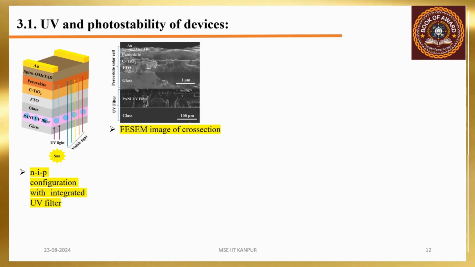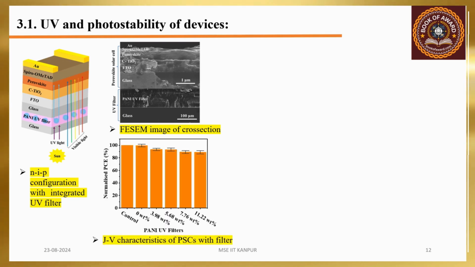This is the normalized photoconversion efficiency obtained after JV measurement of NIP triple cation perovskite solar cells without filter and with different types of Pani UV filter, to identify which Pani UV filters improve the UV and photostability and also give the best normalized photoconversion efficiency.